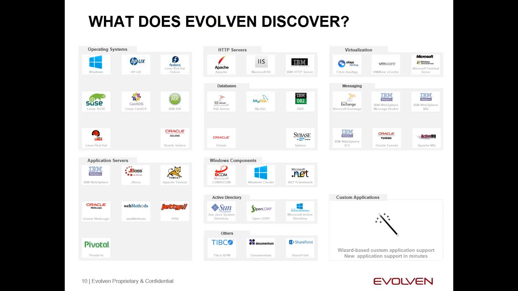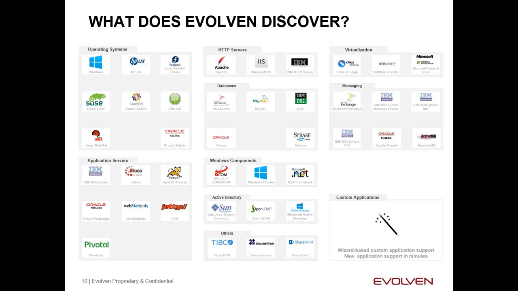Now, what are the kinds of things that Evolvin is discovering? So essentially that center area that I just showed you, what are those sources? And again, this is a partial list, but representative of the kinds of things that we discover. So things like different operating systems like Windows, Linux, AIX, Solaris, HP-UX, Z-Linux, any of these operating systems, essentially anything but the mainframe, are places that Evolvin both runs on and is able to collect configuration information about.